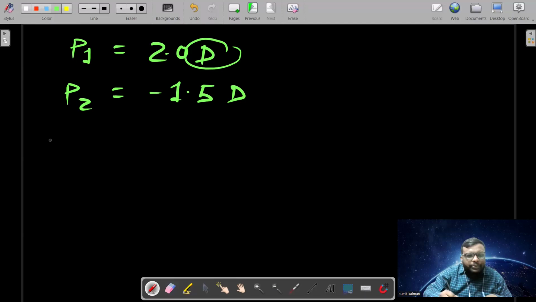Total power is given by P total. I am representing total power by P total, and it is equal to P1 plus P2.